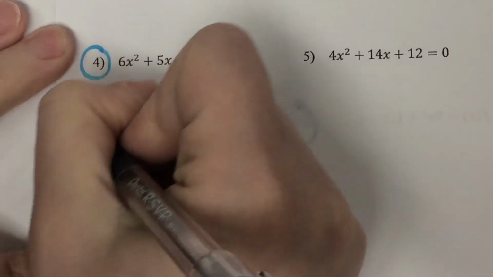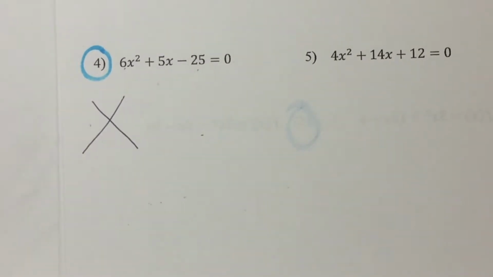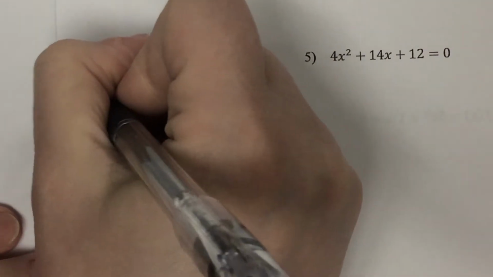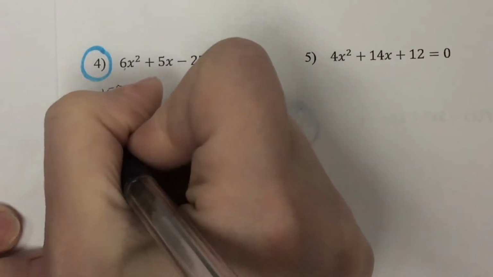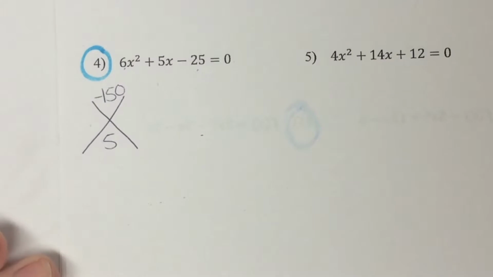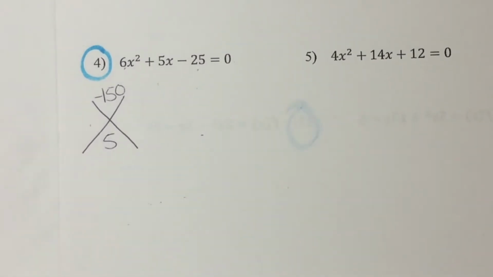So diamond method, we multiply the first and last terms. So we have 6 times negative 25, negative 150 goes in the top. That 5x down to the bottom, just the 5, by the way. So I need some multiples of 150 that'll add up to 5.